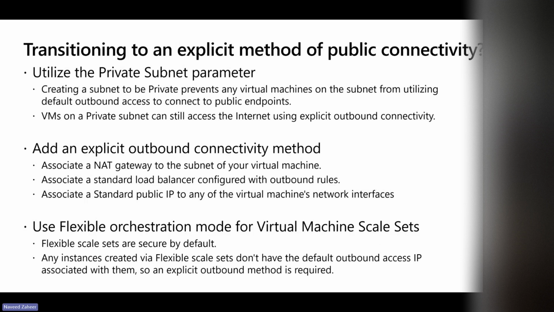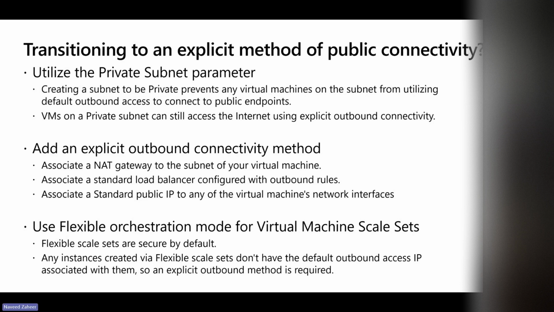So how do you address it? I mean, what are the different ways to go to an explicit IP address? Number one, take advantage of the private subnet. And we will take a look in the demo.